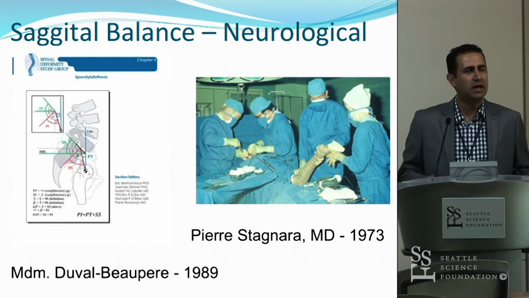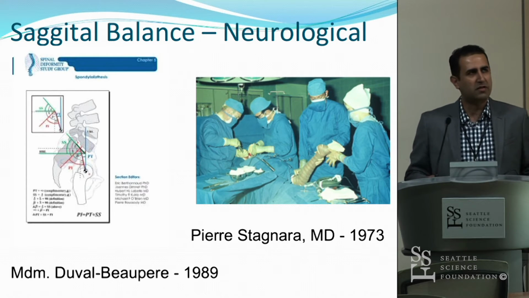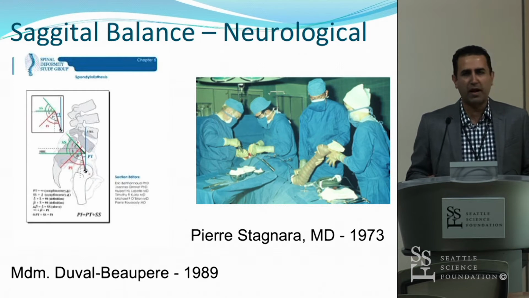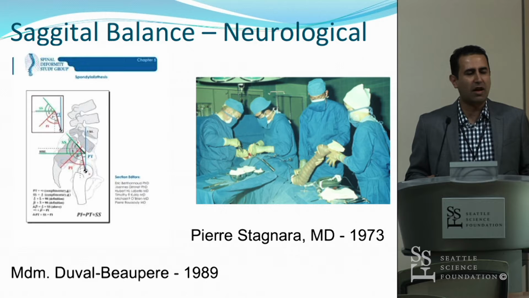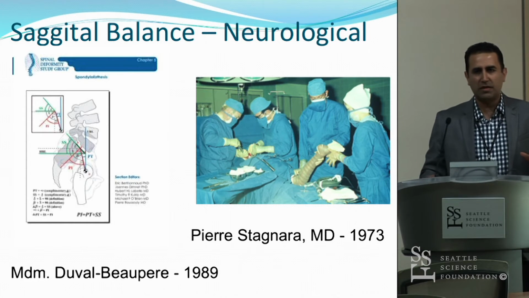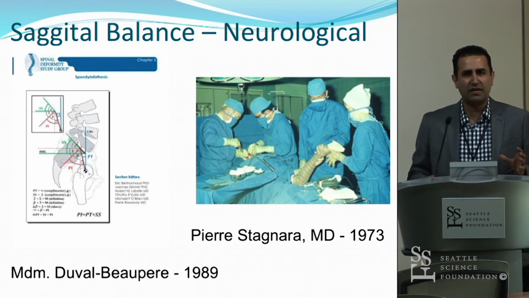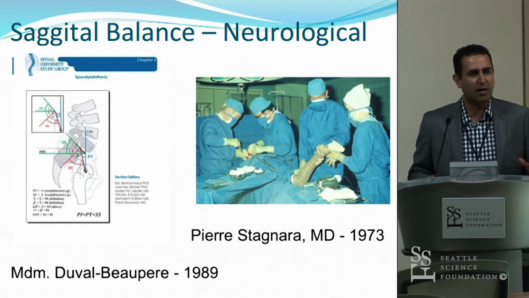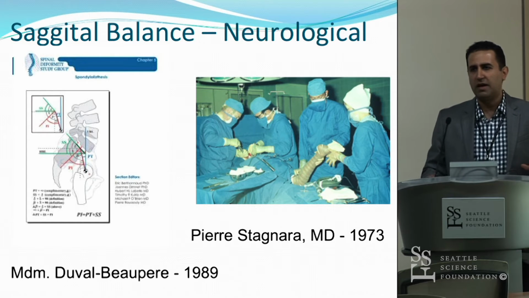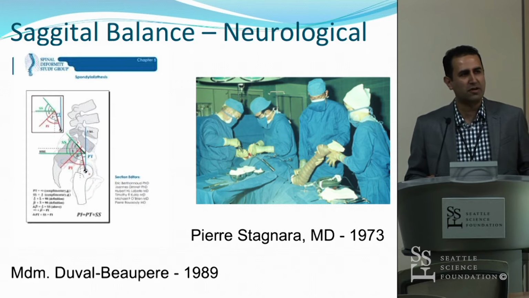It was talked about by Stagnara in the 70s, and then Duval-Beaupère in the 80s, who recognized the importance of correcting sagittal deformity. The issue was that we did not have the clinical outcomes data, the quality of life data to back up the anecdotal evidence from correction of sagittal deformity.